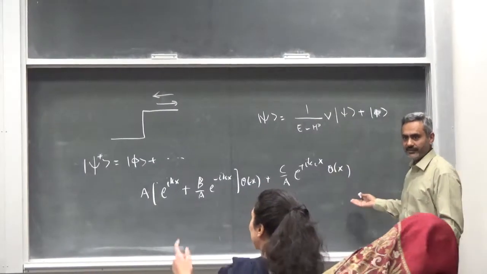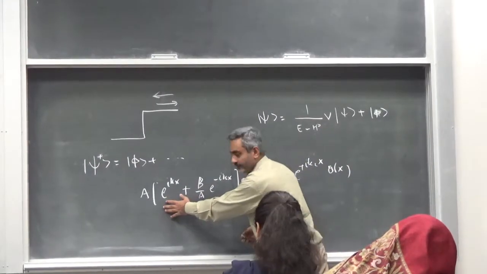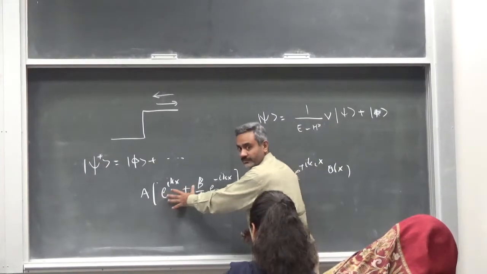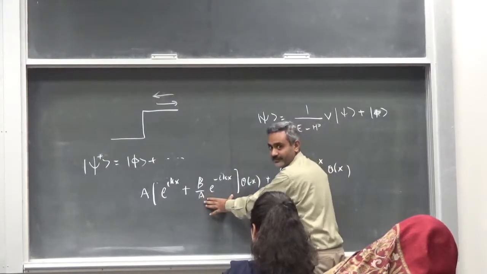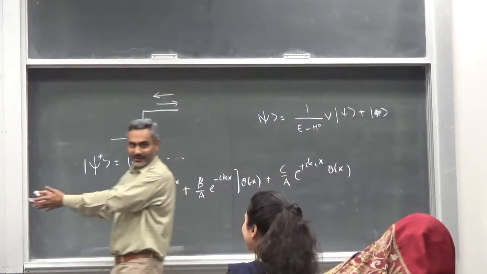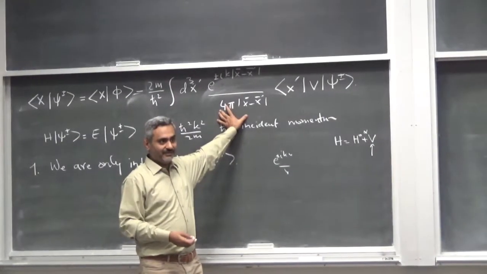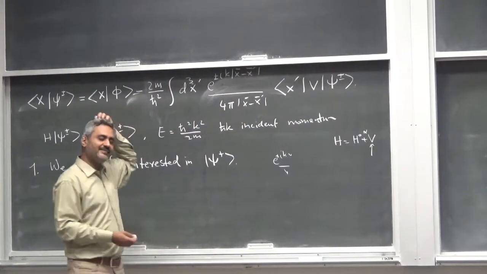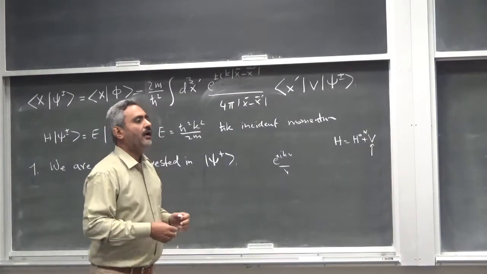Something like this, right? So then this is the incident part. And once you have identified the incident part, the rest is the scattered part. Of that, this is the reflected part and this is the transmitted part. Here there is no transmission or reflection, there is just scattering, which is here. And this psi plus minus includes both the incident and scattered part, right?